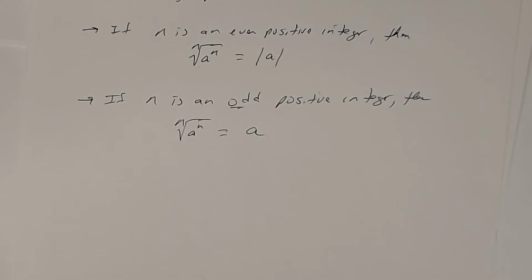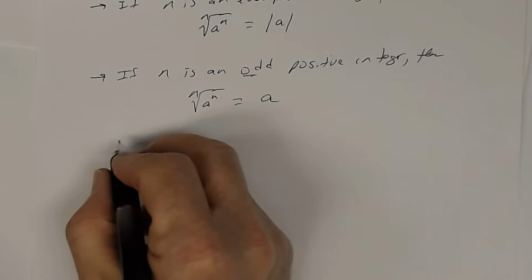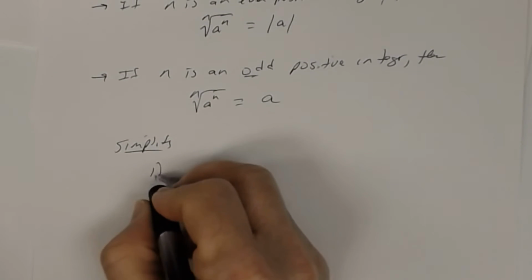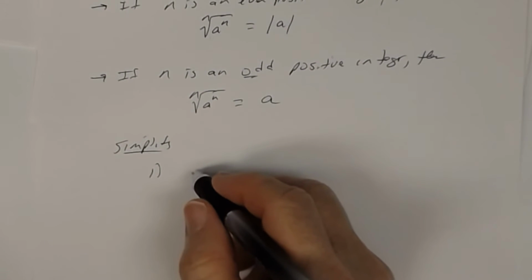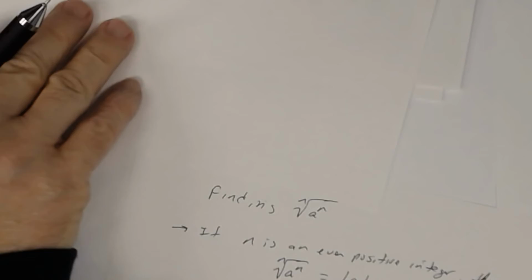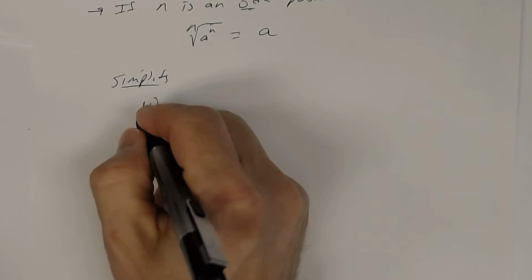Okay, now let's look at some examples. So the directions will say something like simplify. All right, so let's simplify. So this is number 10 right here. Let's do number 11. So number 11, let's continue simplifying.